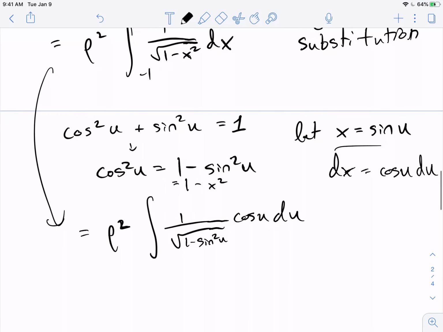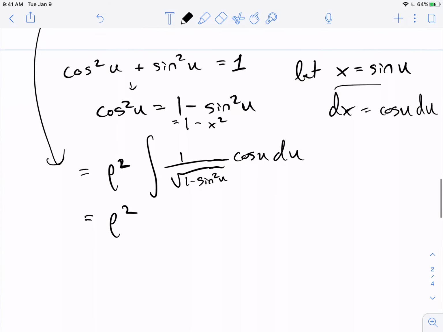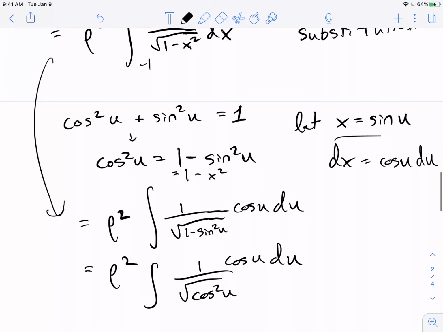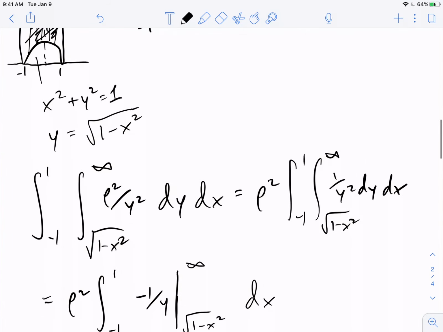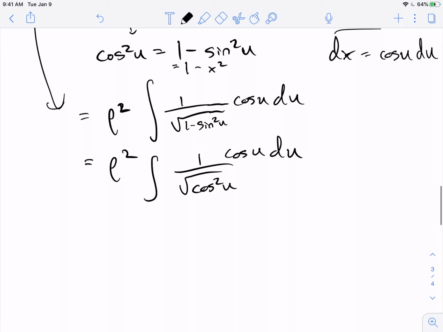So far it doesn't look simpler, but remember that this 1 minus sine squared u is just cosine squared u, and so this becomes rho squared integral 1 over the square root of cosine squared u, cosine of u du. And this square root was always positive, right? Because we were looking at the upper part of the circle. And so the square root of cosine squared u is just cosine of u. So that cancels with that, and I'm just looking at the integral of 1 with respect to u.